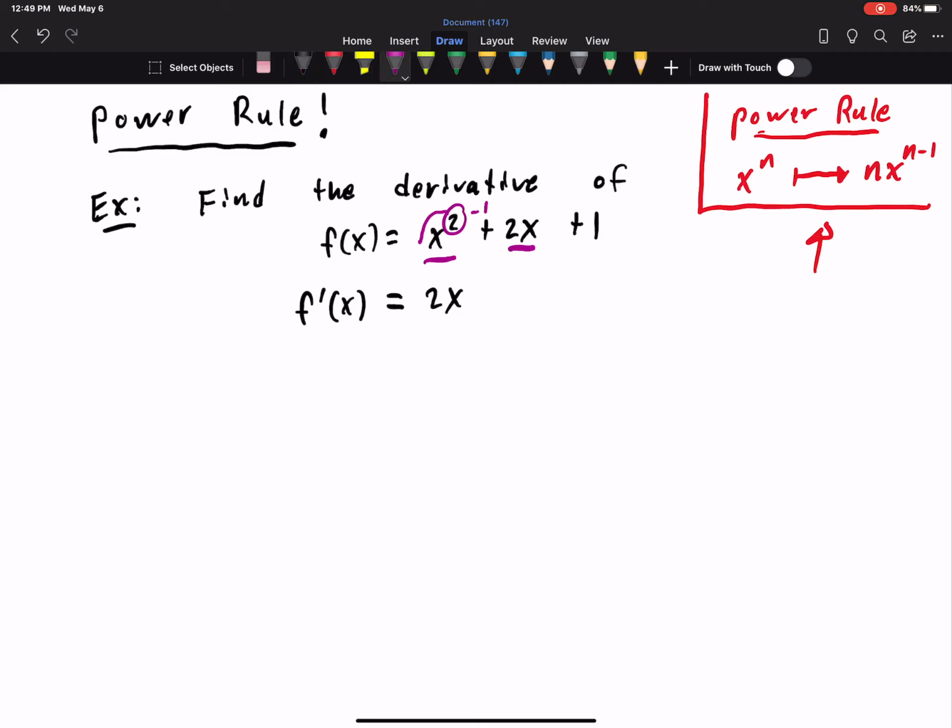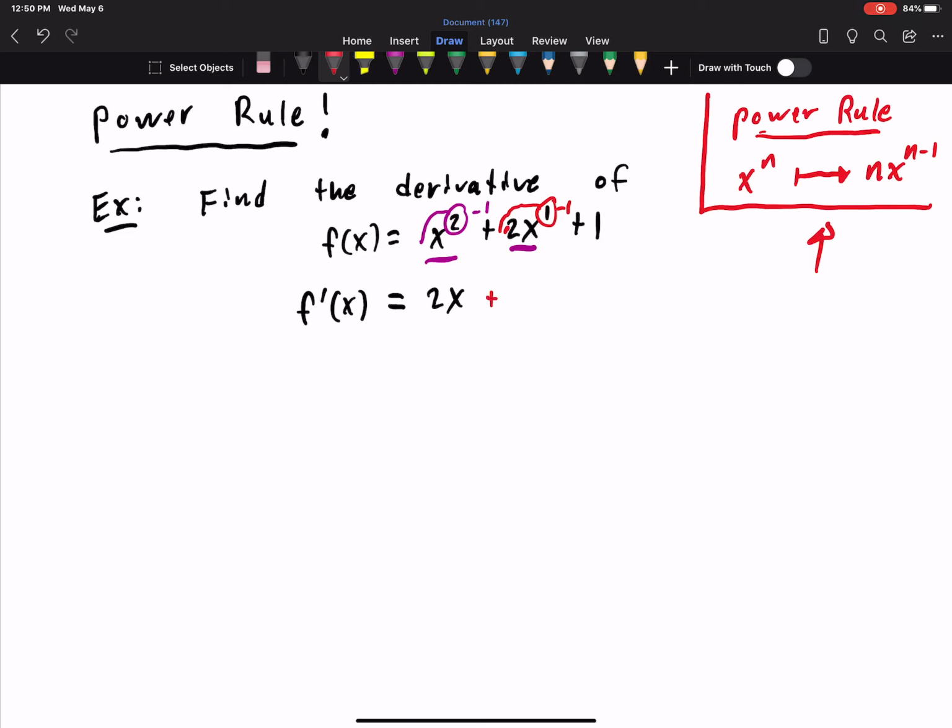Second term, we have 2 times x. This is the same thing as 2x to the first power, technically speaking, so you can use the power rule here in the same way. You take your 1, bring it down in front, multiply it by that 2, and subtract 1 from the exponent. That gives you 1 times 2 times x to the 0th. What is anything to the 0th power? Hopefully you said 1, and that would be correct.